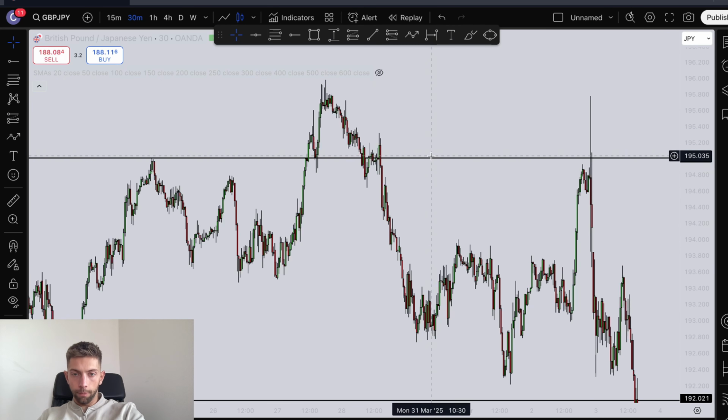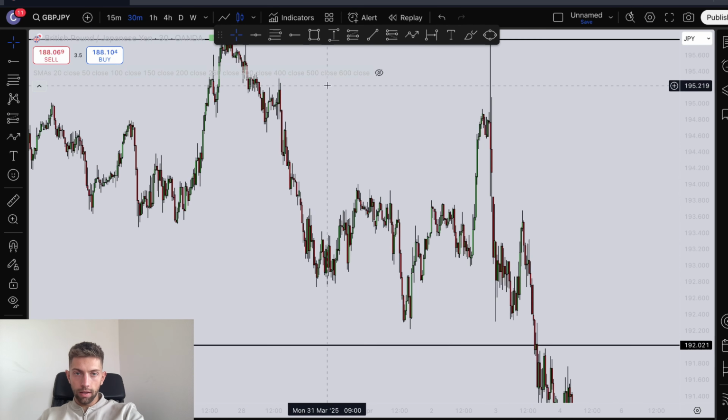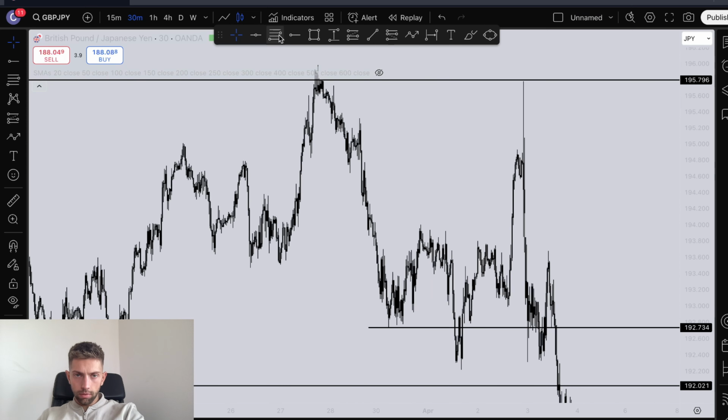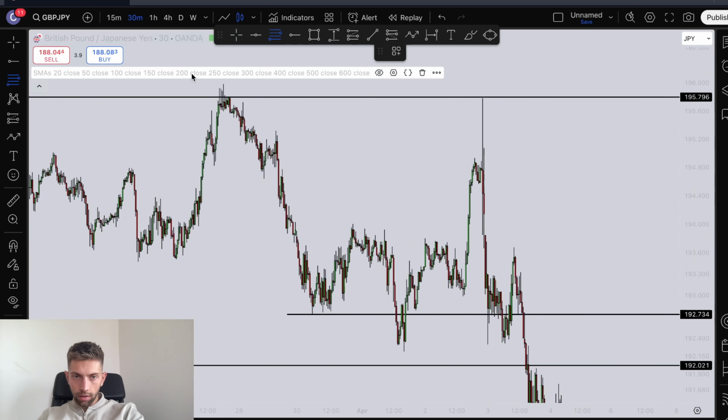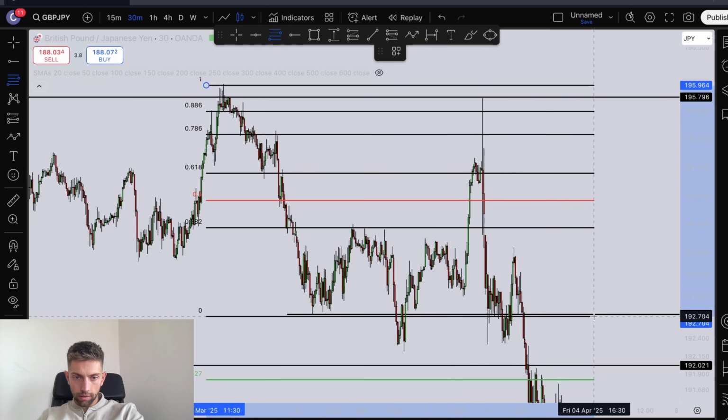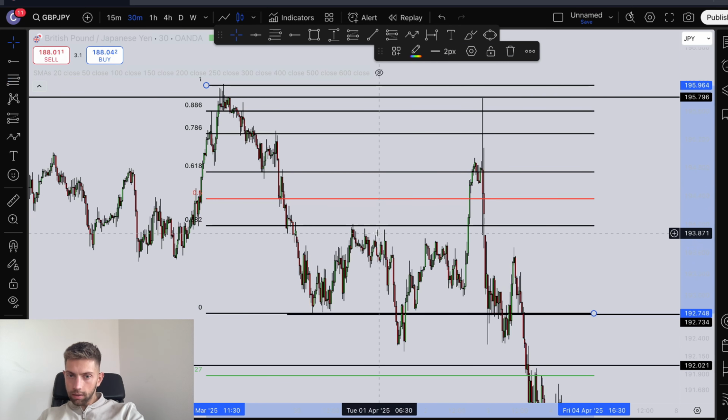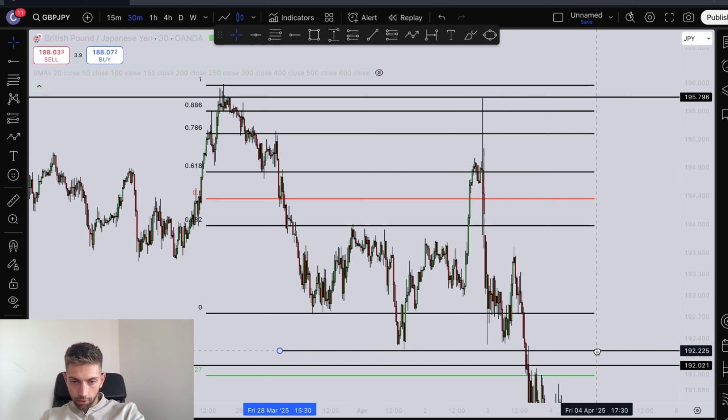So what I know right now, this is my high, this is my low. Let's measure if it's a 38.2% pullback. I don't consider this 38.2% because it's barely touching the price, which means this is our new low.